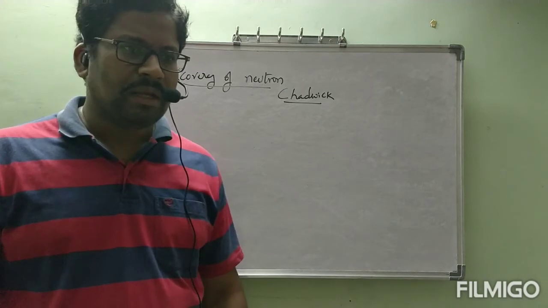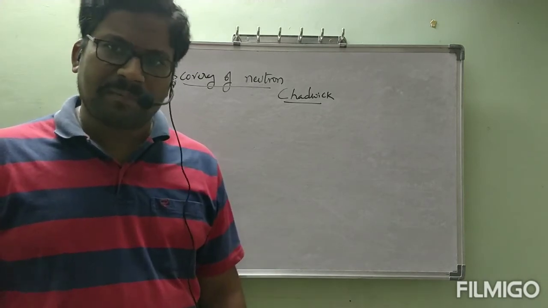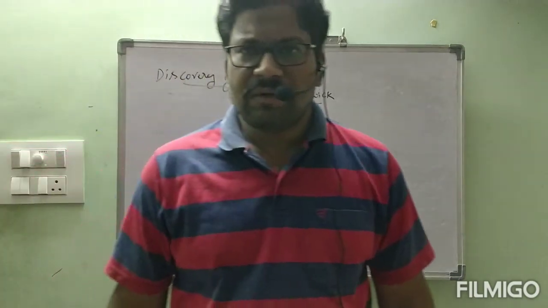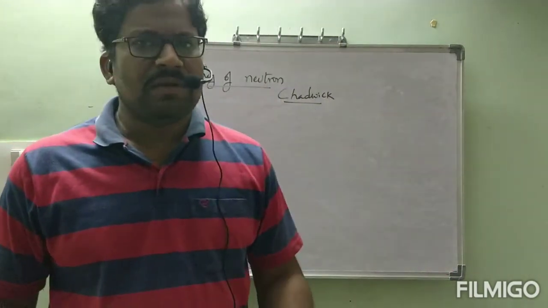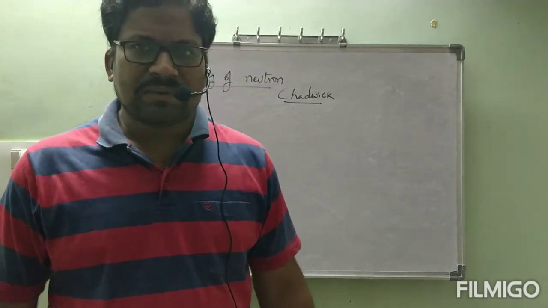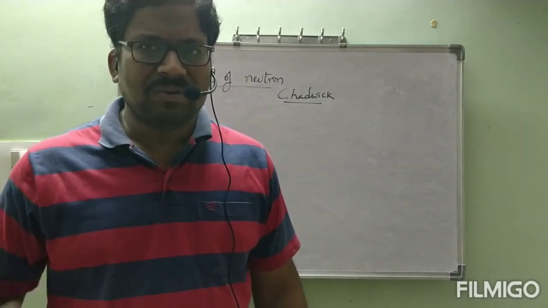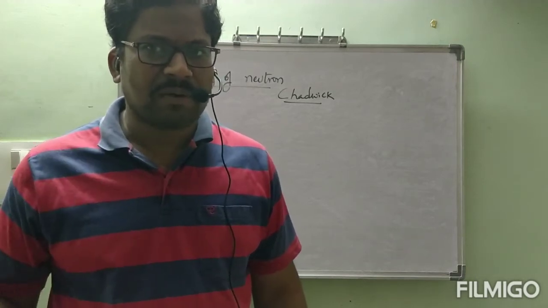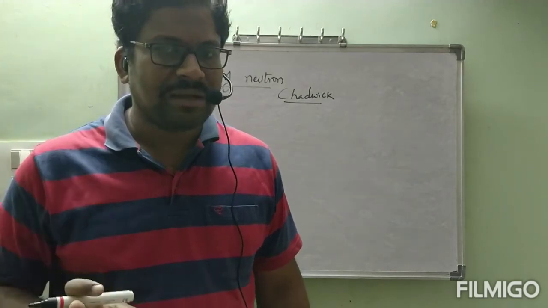In an atom, if the number of electrons equals the number of protons, the charge will be neutralized. That's why the atom is neutral. Why is the atom neutral? Because the number of electrons equals the number of protons. All these points are clear.